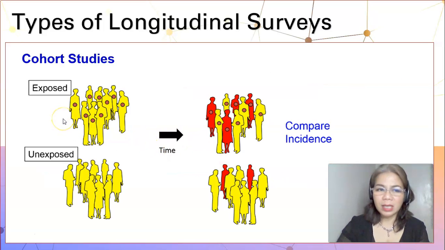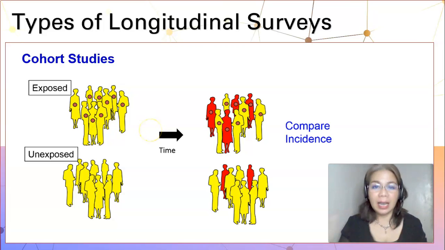Okay, I'll share with you another example. You are interested to study what is the outcome to the health of the people who had been exposed to cigarettes and to those people who have not been exposed to cigarettes. So the shared characteristic of these exposed people is that they are all exposed to cigarette smoke. And the characteristic of these unexposed is that they are not exposed to cigarette smoke.